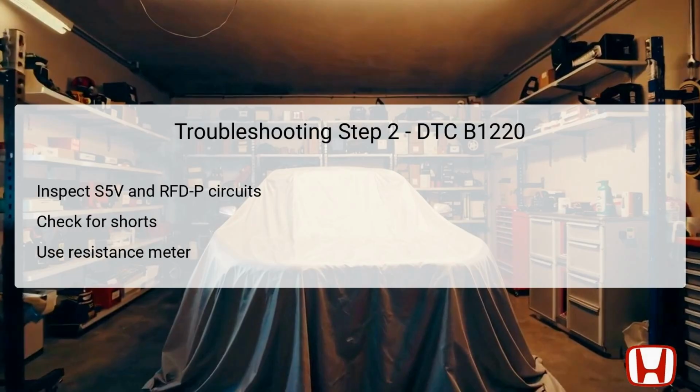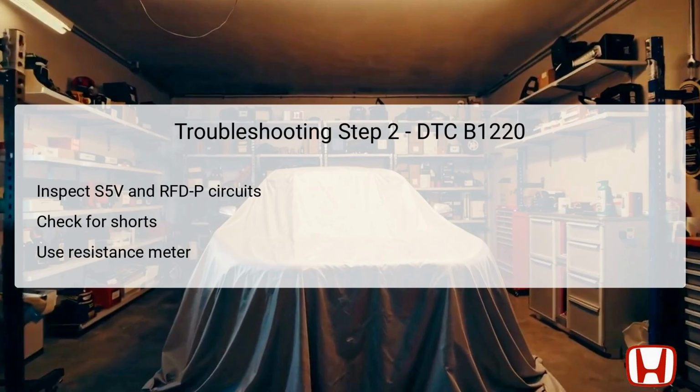For the second step, the focus shifts to inspecting the S5V and RFDP circuits connected to the recirculation control motor. The technician should disconnect both the recirculation control motor connector and the climate control unit connector to isolate the circuits. Using a resistance meter, check for open circuits in the S5V circuit, ensuring that the resistance is less than 1 ohm under nominal conditions.